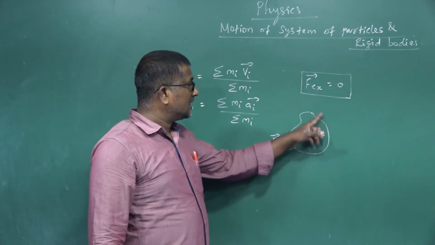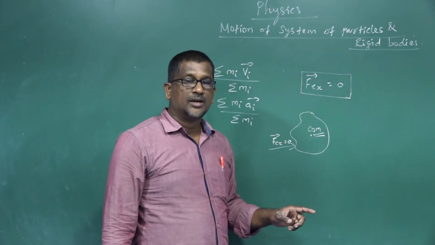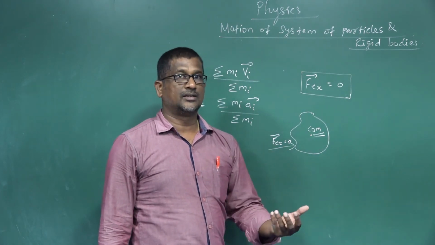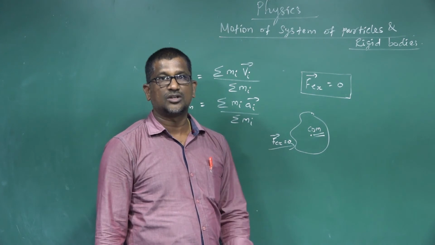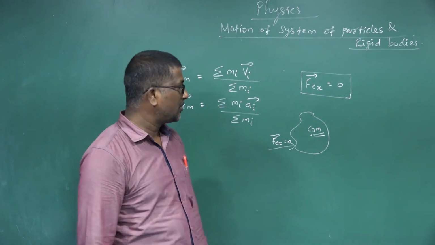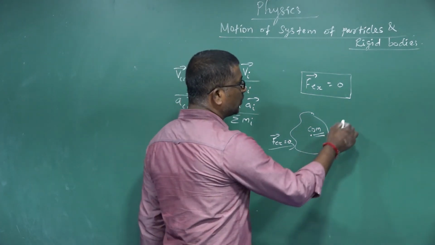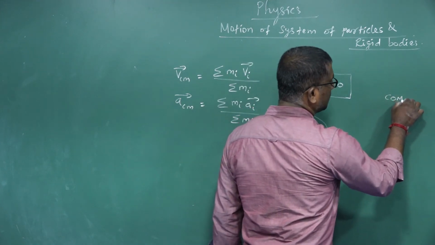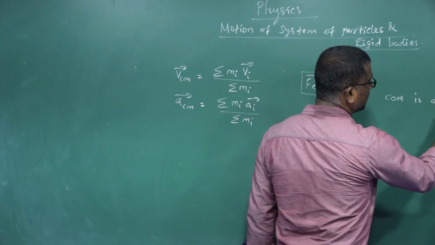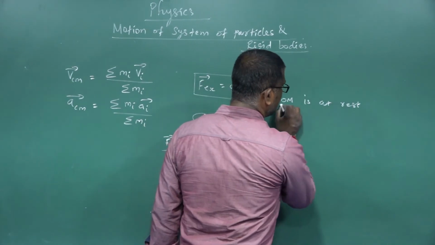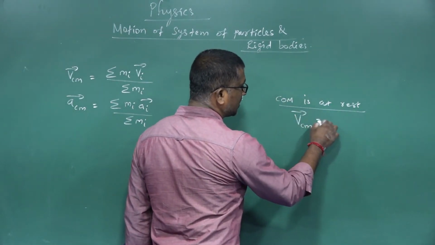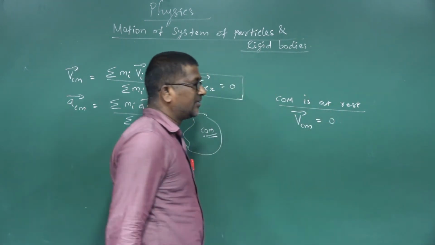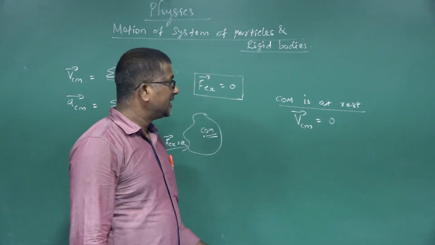That is, the center of mass of the rigid body will be in the state of rest or in uniform motion. Suppose the center of mass is at rest, then the velocity of the center of mass of the body is 0.